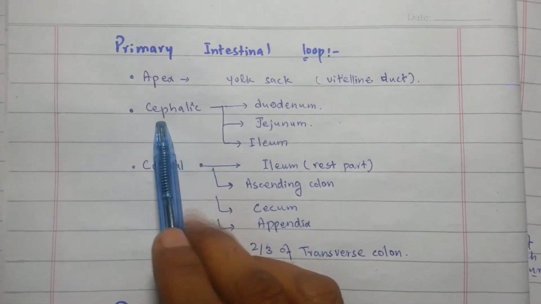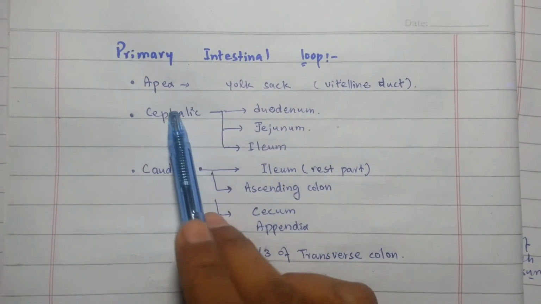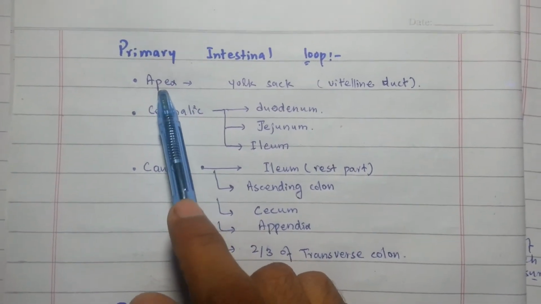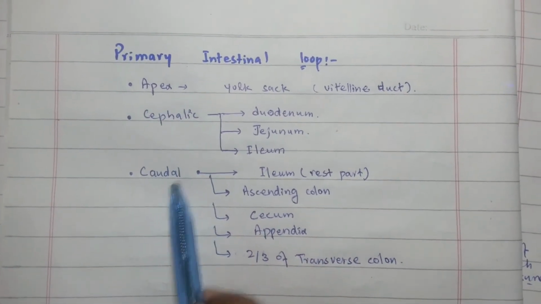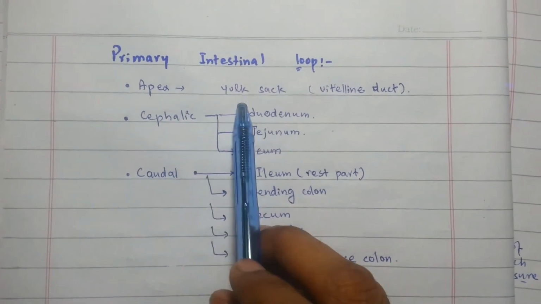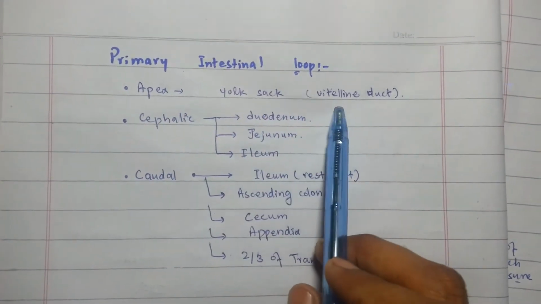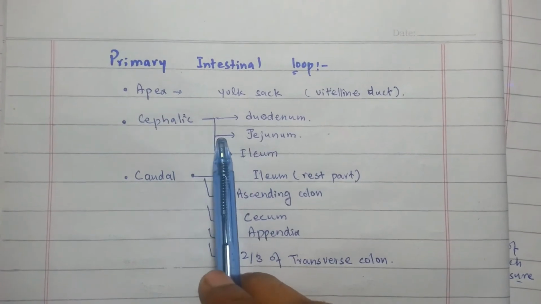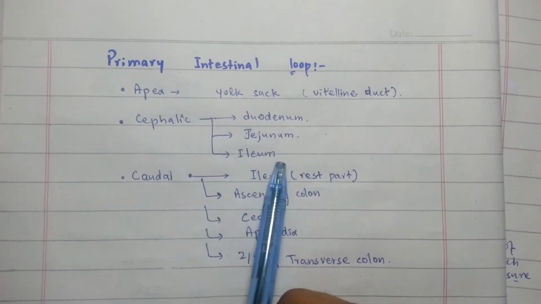Once again, the primary intestinal loop, as I have discussed, has three parts: apex, cephalic and caudal part. The apex is connected with the yolk sac through the vitelline duct. The cephalic part develops into the duodenum, jejunum and ileum.